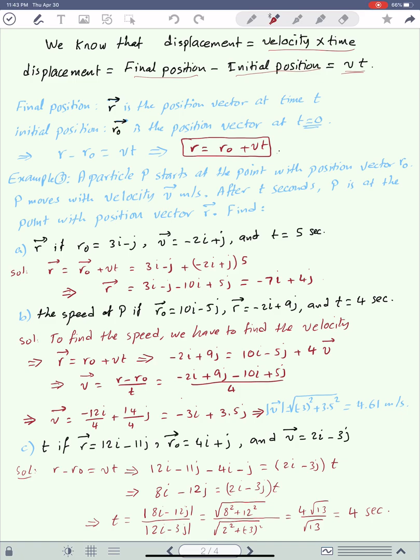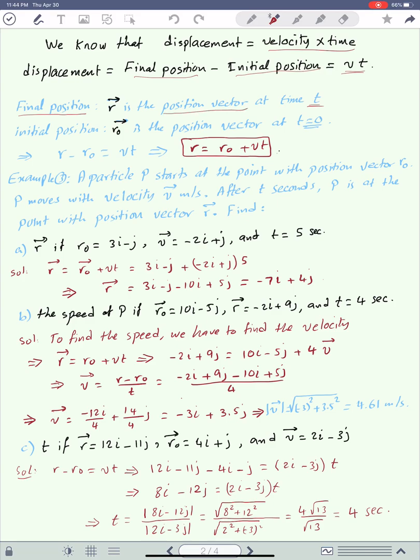So the final position now, we will not say displacement only. The final position is the vector r, which is the position vector at time t. Instead of saying final position, we'll be saying the position vector at time t.